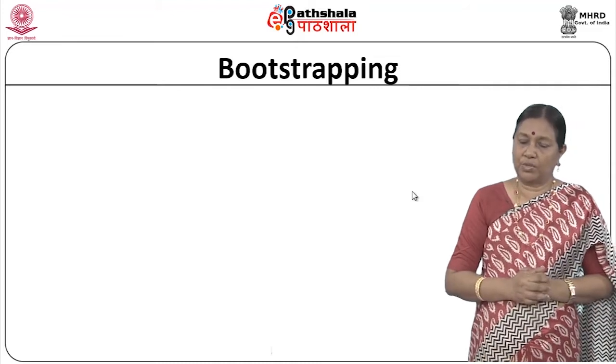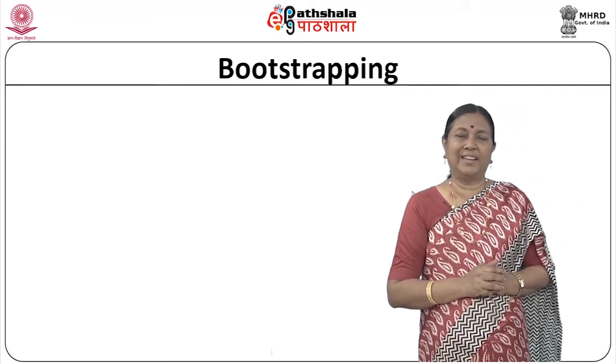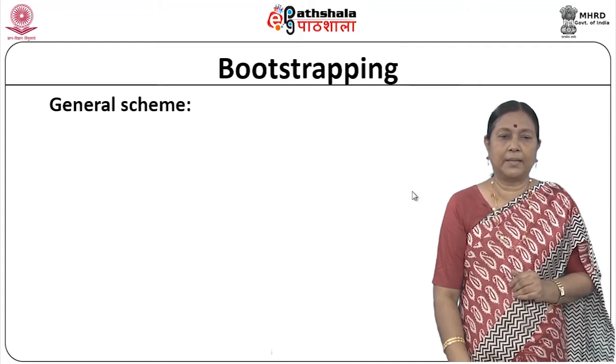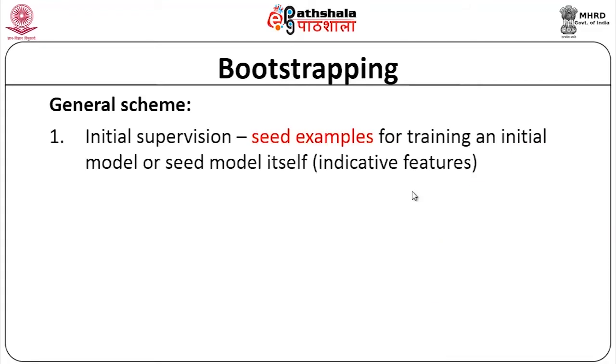Now, let us look at bootstrapping. Bootstrapping is a very interesting technique that has been used as a semi-supervised method. The general scheme is like this. In the initial supervision, that is the labeled examples, you give seed examples for training an initial model, or you can give the seed model itself, that is the indicative features that you are going to use. These examples will be quite small in number.